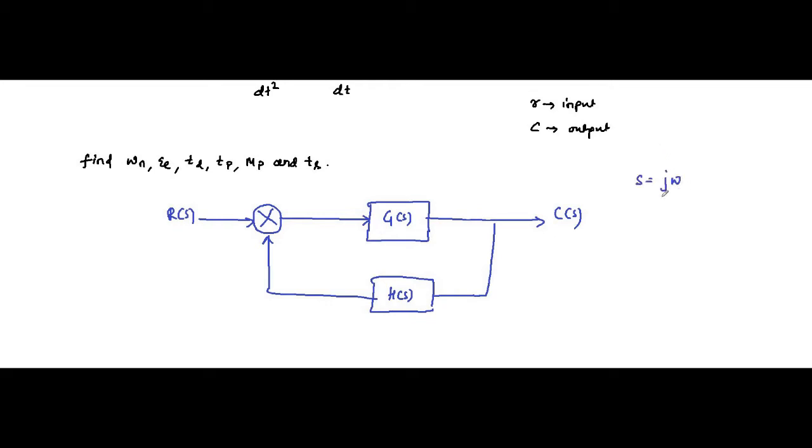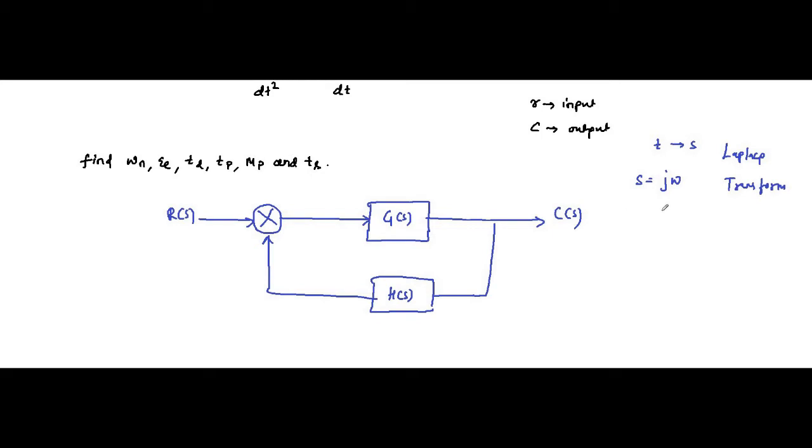It is converted from the time domain to this S domain with the help of a mathematical technique called Laplace transform. There are other techniques also, such as Fourier transform and Z transform, which we have discussed in signals and systems.